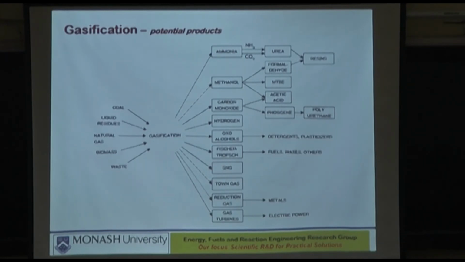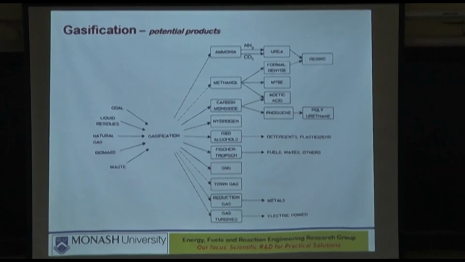And you can see so much variety of products. Electric power is just one of them, the easiest one to do. But for making all of those products, the common ingredient is carbon monoxide and hydrogen. And you cannot get carbon monoxide unless you gasify it.